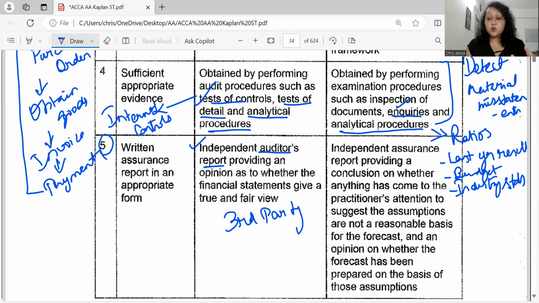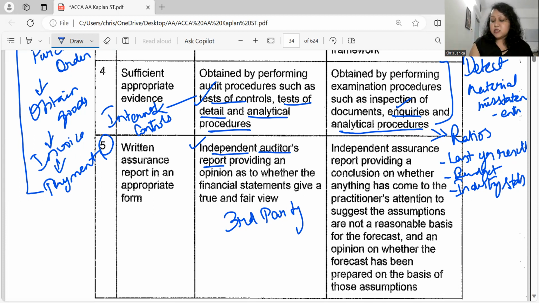He cannot be a person who is employed within the company, right? So that's the reason he's called a third party. There should not be any connection with the client company. So it should be an independent auditor, and the report given will be an independent auditor's report.